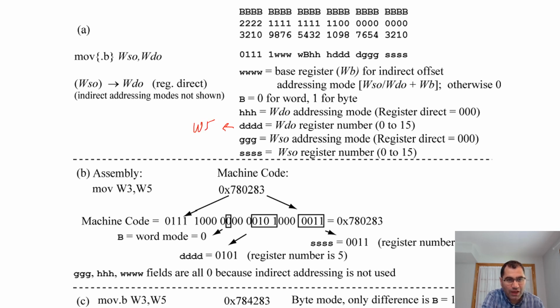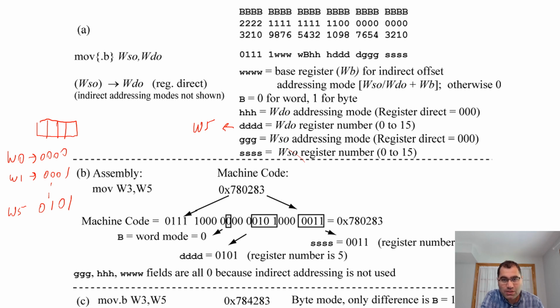We have working registers from W0 to W15, so we can represent them with a 4-bit value. W0 is going to be 0000, and W1 is going to be equal to 0001, and so forth. So W5 is going to be equal to 0101, so it's basically 5. That's why DDDD is going to be 0101.